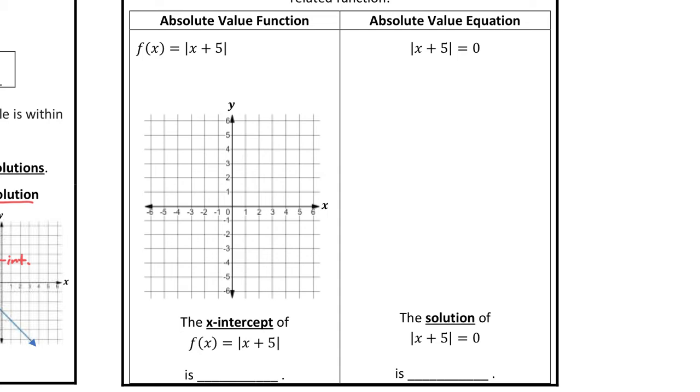Okay, so plus 5 is happening inside the absolute value. So we have a horizontal translation because it's happening inside, and we're going plus 5, so that means we're going to move to the left 5 units.